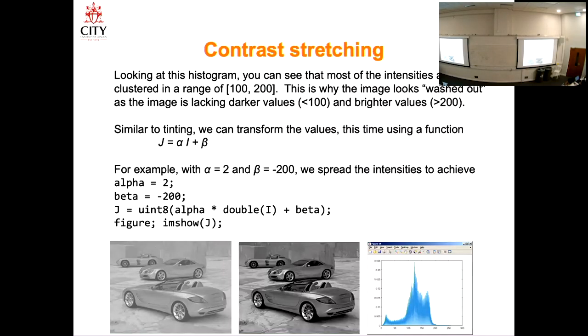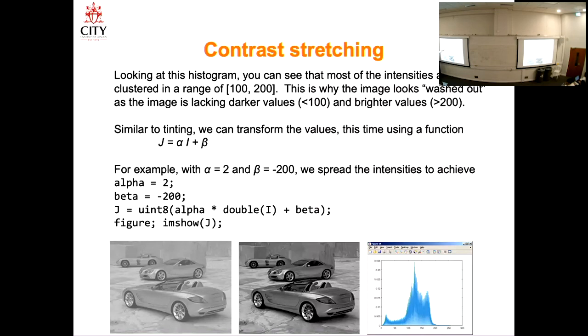So now that I have the idea that everything that I have is between 0 and 200, I want to stretch it. I want to stretch this range to 0 to 256. It was between 100 to 200. I want to stretch it. I can do something called contrast stretching. So what I can do is I can say j equals alpha I plus beta.